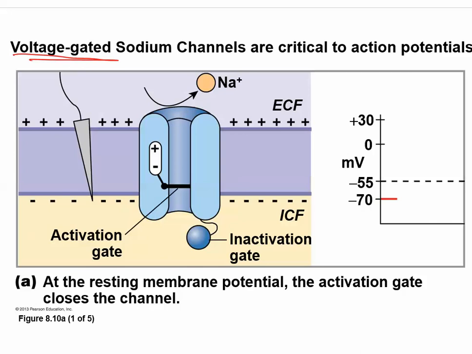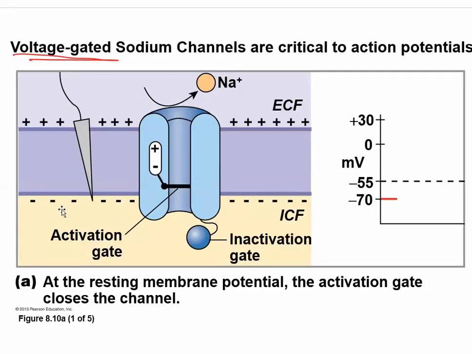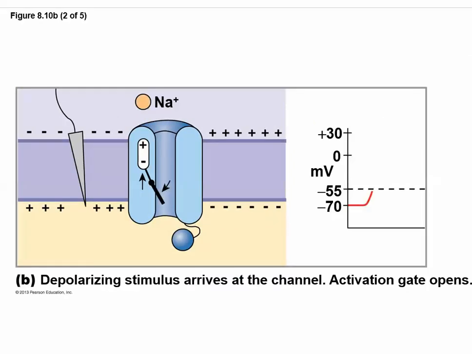And then when some depolarization event happens, it's negative on the inside here, and then all of a sudden we have some kind of depolarization taking place, and so it causes this to open. These amino acids move up away from this voltage, and it causes this to open, and now it's permeable to sodium.